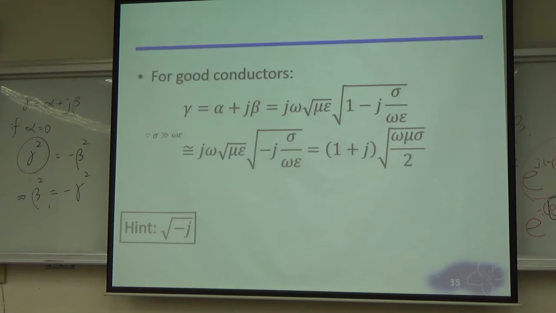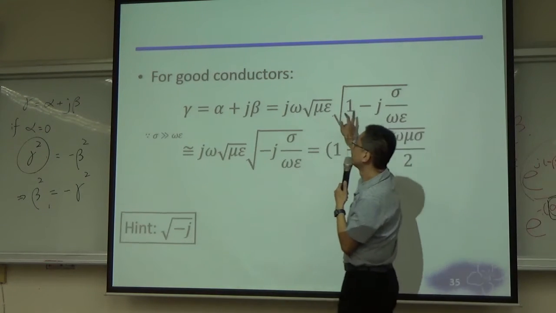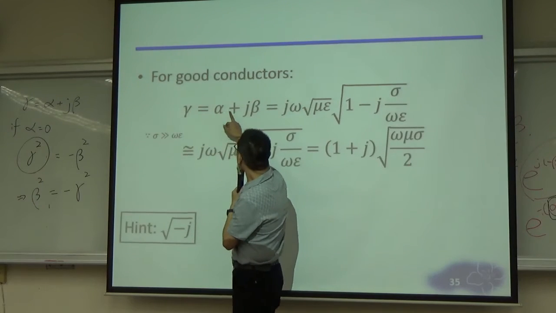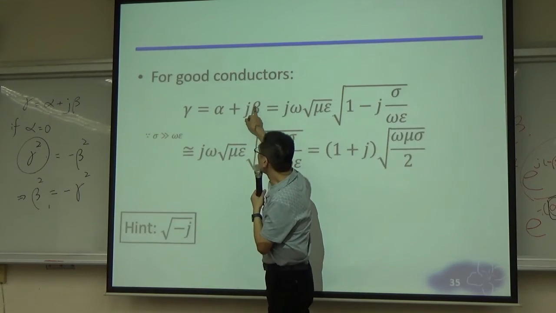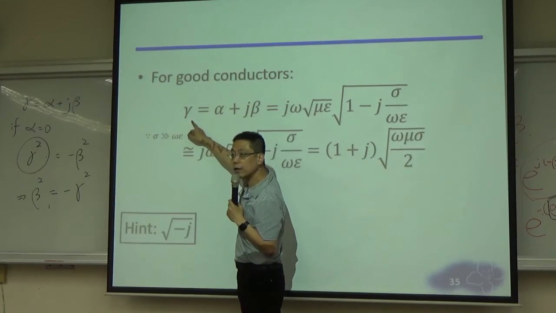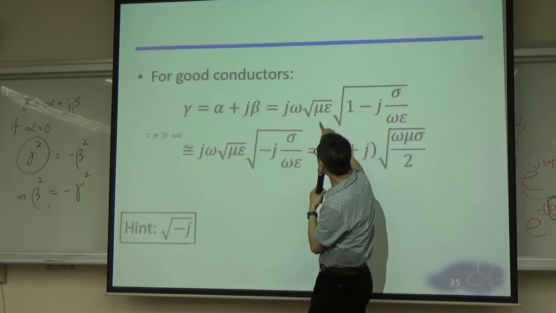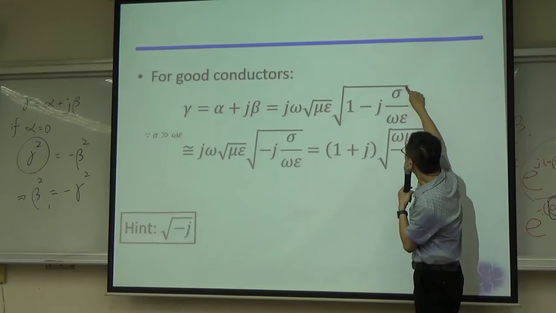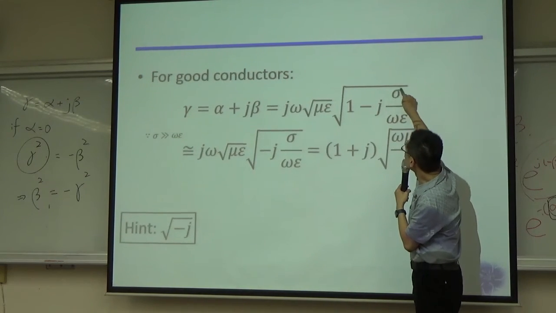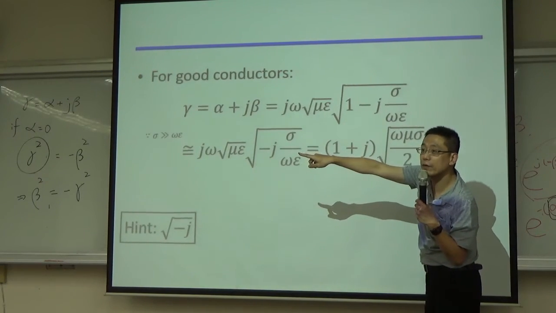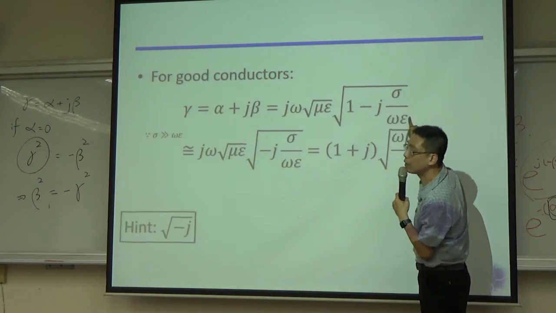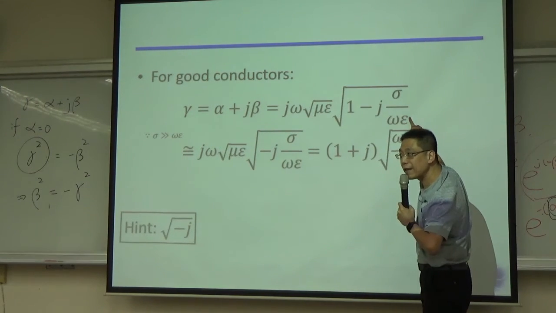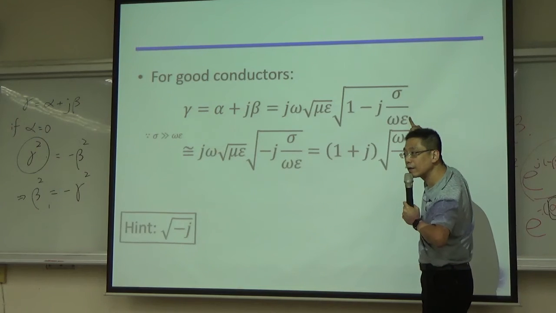When we derive alpha plus j beta equals gamma, right? This term is ugly. But look at that. This term is the red one, comes from the red one, and this term was the original one. If that is the good conductor, what happened?